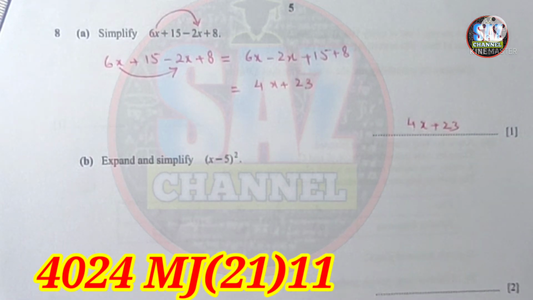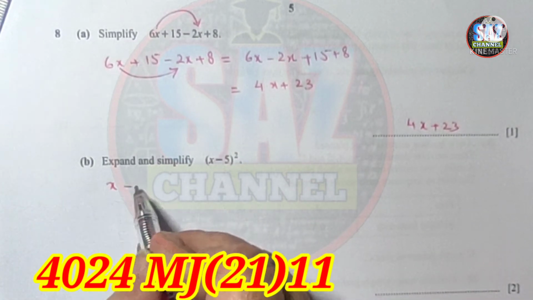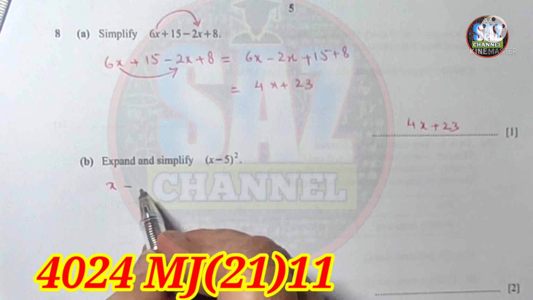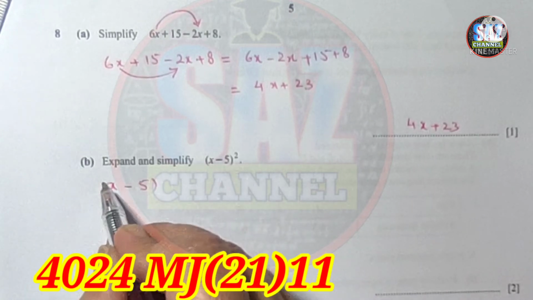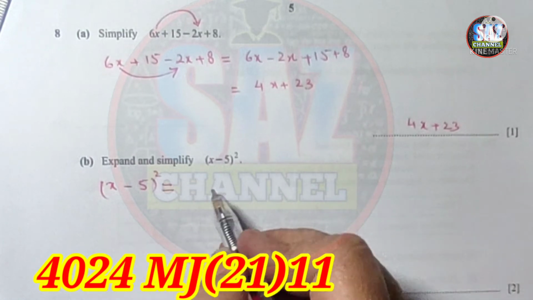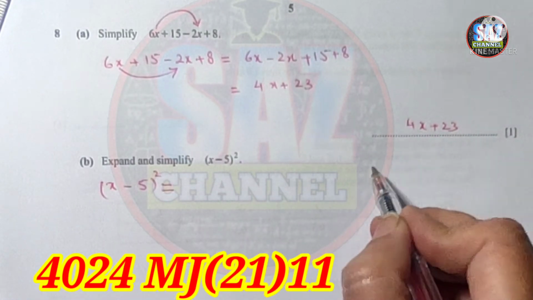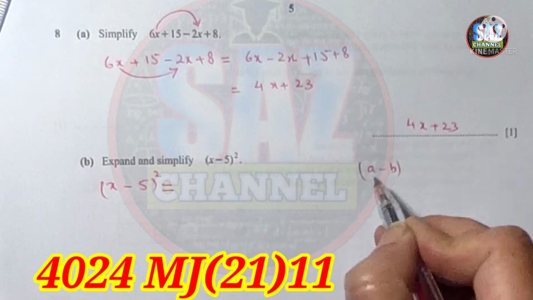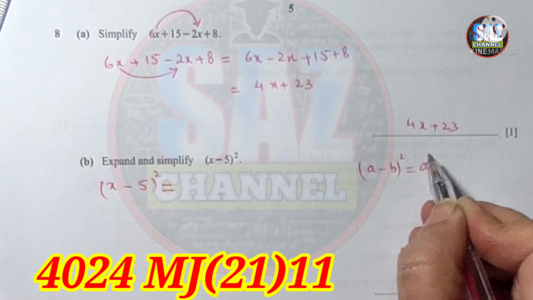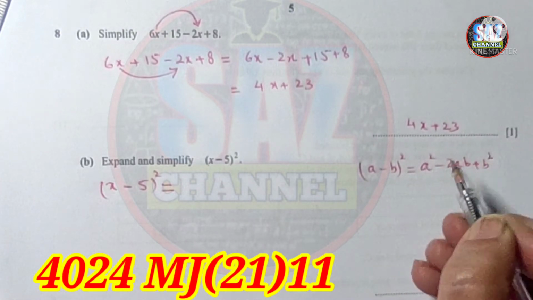And the next part says expand and simplify x minus 5 whole square. This is D2 chapter number 3 and 4. We have to apply the identity here, that a minus b whole square equals a square minus 2ab plus b square.